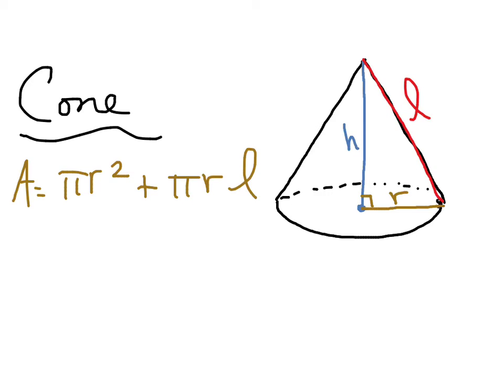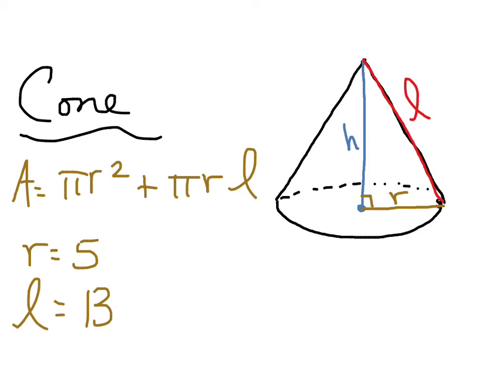So for this one, if I were to give you a radius, let's say the radius is 5, and the slant height is 13, could you find the area of the cone? How much waffle do I need to have in order to make my waffle cone, right? If you're working in a place that sells waffle cones.